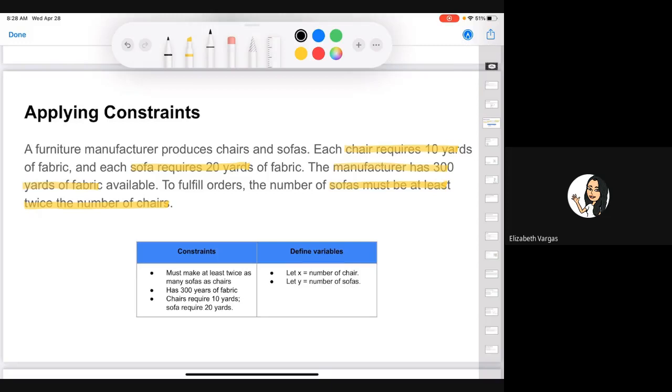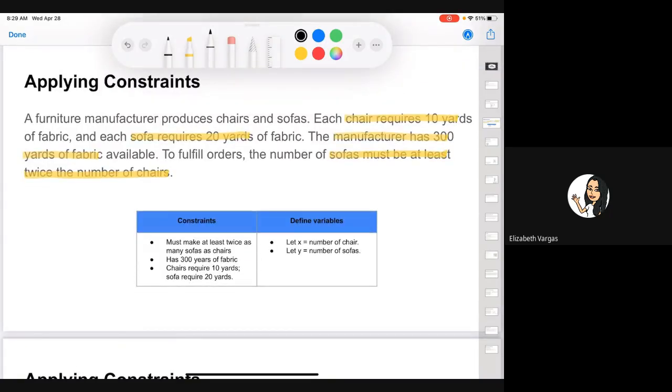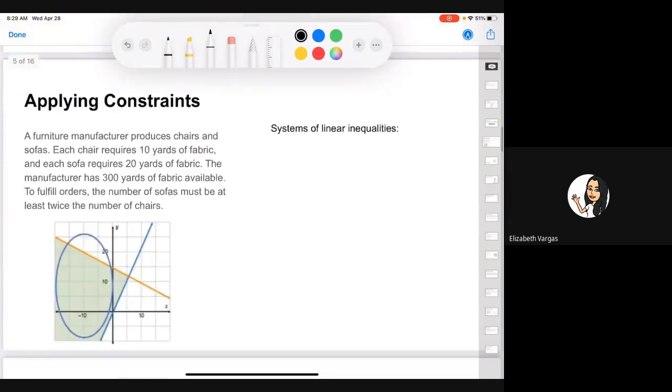Using these constraints, we have two variables: the number of chairs and the number of sofas that can be created which will allow us to meet all these constraints. Constraints are like limitations, things we have to meet in order to make this problem true.